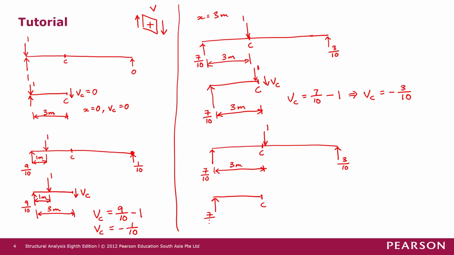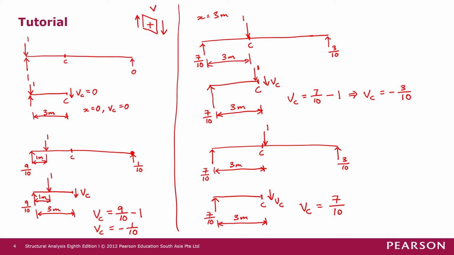So this is 7/10. This is 3 meters. So in this case, shear force BC here equals 7/10.